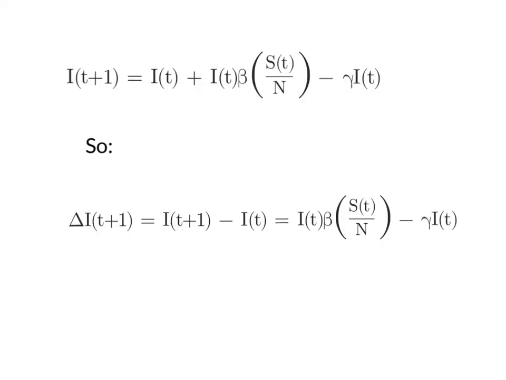So we can write the change in the number of infected people in period t plus 1 compared to period t, so I(t+1) minus I(t), simply given by this formula here.